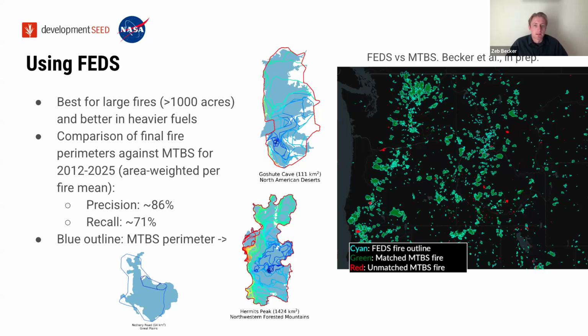MTBS and all similar high-resolution burned area approaches require a pair of cloud-free images from before and after the fire. Because those satellites only come around every few days at best, you're not able to track the evolution of the fire through time in the same way as you are when using active fire detections, which are based on detecting thermal anomalies, or burning, at the moment of satellite overpass.